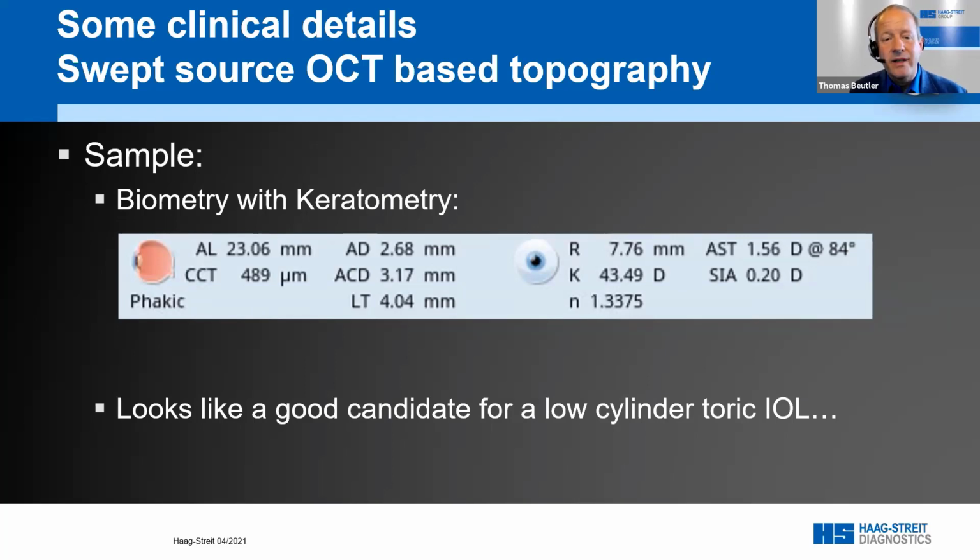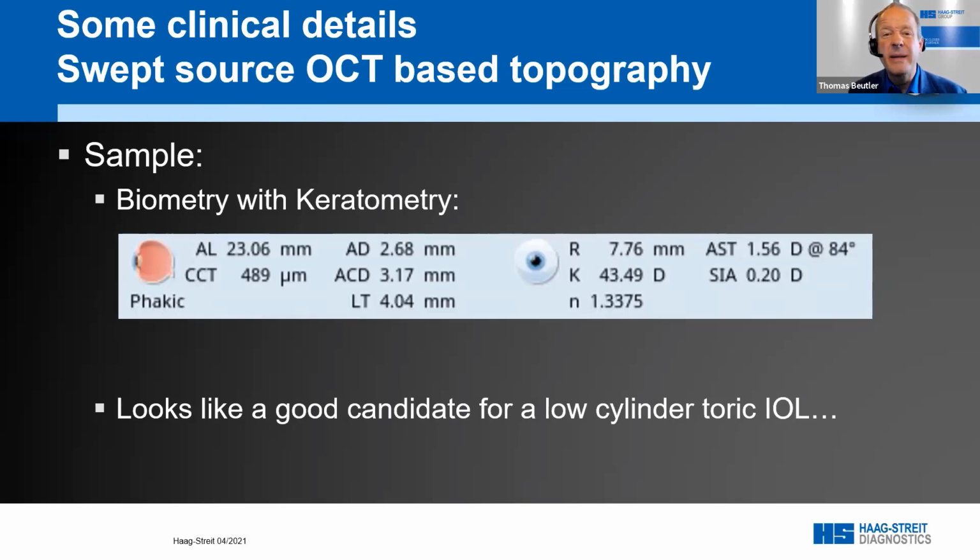And we have astigmatism of 1.5 diopters and average K readings of 43.5 diopters. So pretty standard, but it might be a good candidate for a low power toric because we do have quite some astigmatism already there. If we just have biometry with this data, that's what we have to go for.